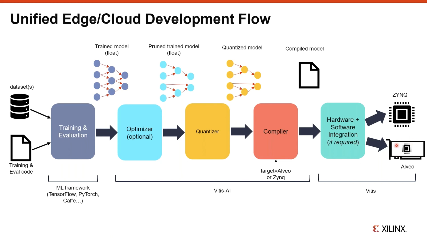It is just simply download the DPU, then download the X model. That's it. So there's no hardware design phase. That's intentional, and it's basically because we have two kinds of persona who use machine learning.